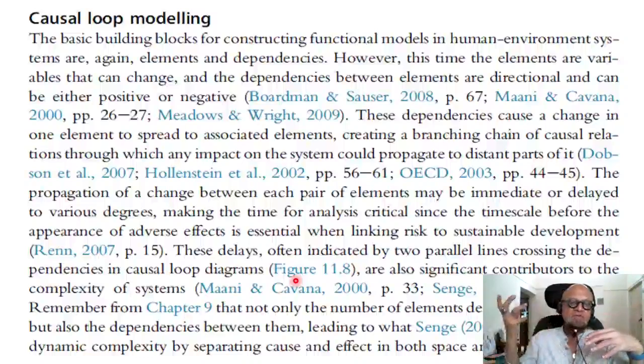You can think of the thermostat as a simple example of negative feedback, where you set the heating or cooling to a certain temperature. If the temperature falls below, then the cooling will turn off or the heating will kick in. If the temperature goes above the threshold, then the cooling will kick in or the heating will go off, and so on and so forth, right?